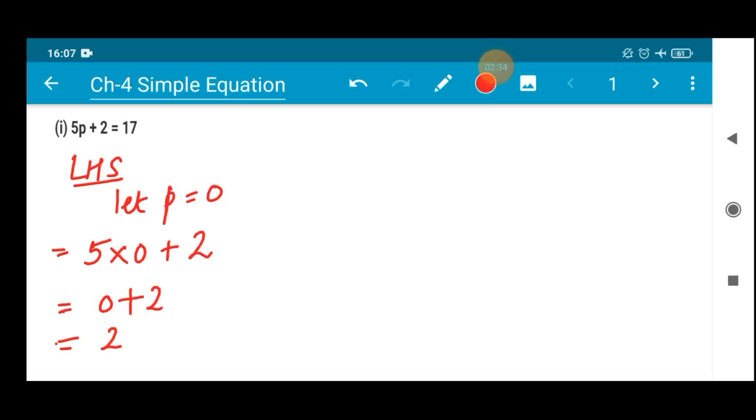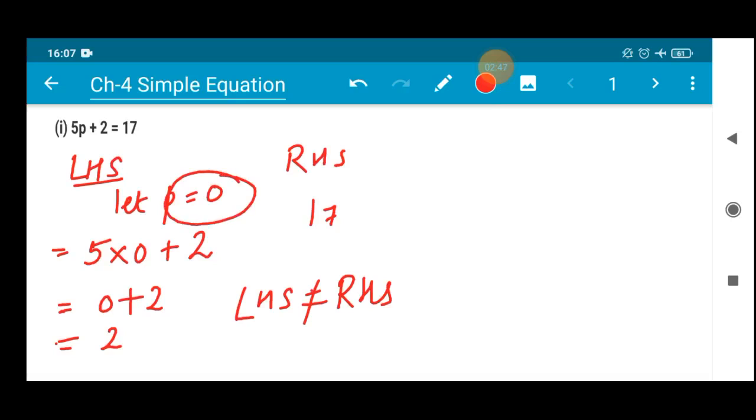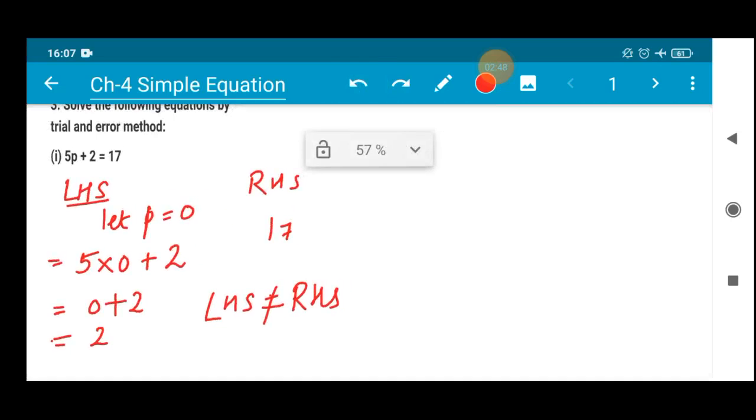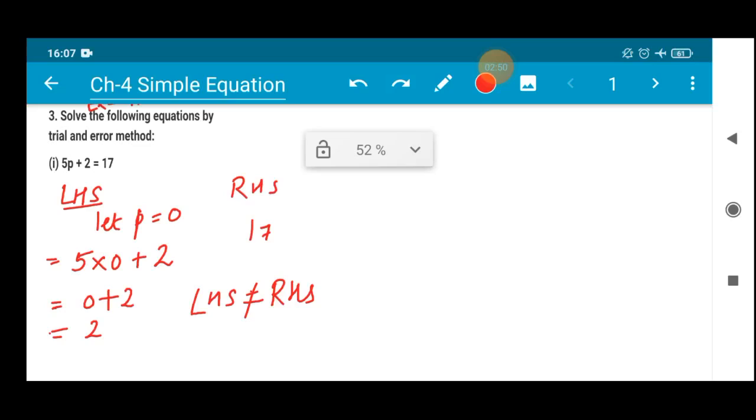So you can easily see that in RHS we have 17, but in LHS we got 2. So LHS is not equal to RHS. Hence p value 0 is not considered. The value of p is not satisfying the equation. So let us take the value of p as 1.